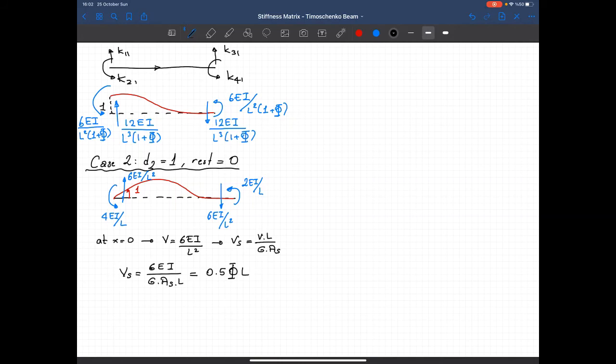Okay, so if I apply the following forces, and if we have the shear deformations, then this is what I see.